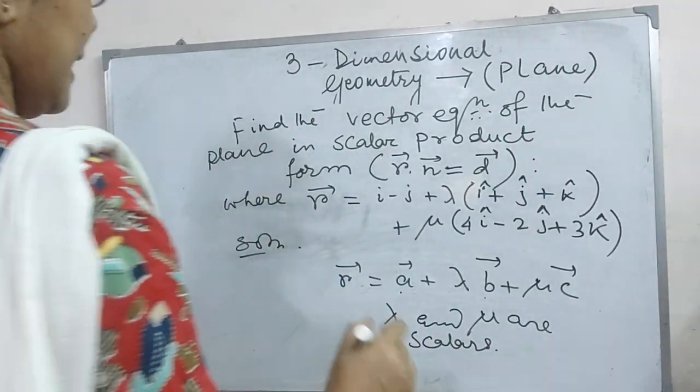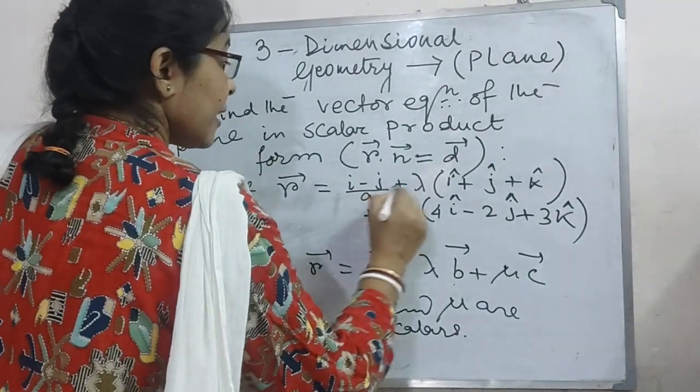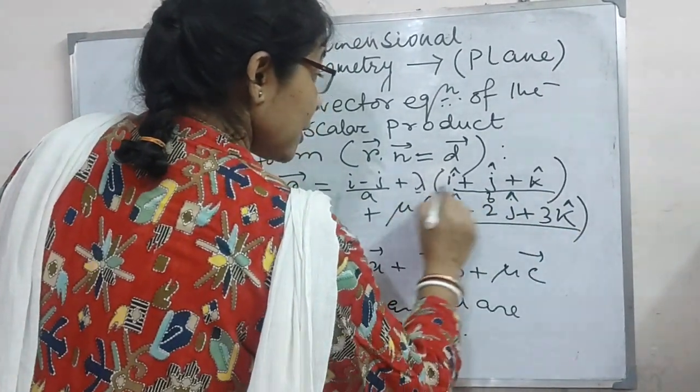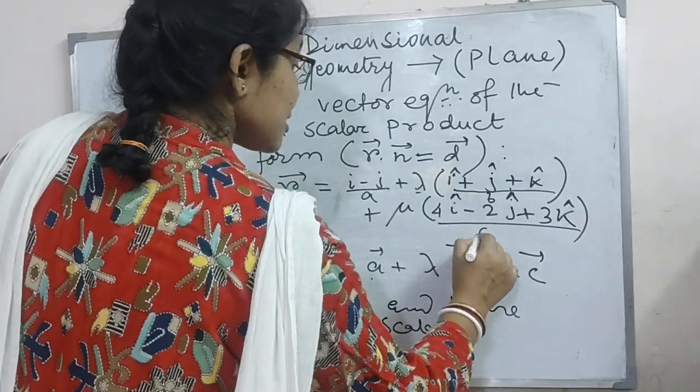Here this is equal to a, this is equal to lambda into b, and this is equal to mu into c.